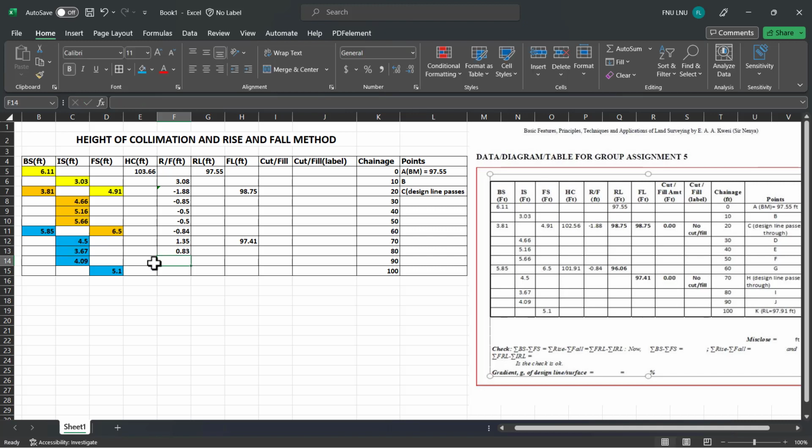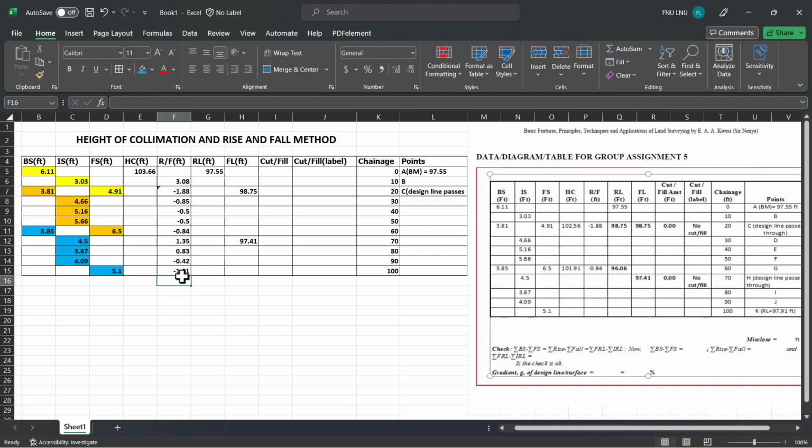Then this one will be equal to the previous minus the succeeding one. Then the last one is this one minus this. Now we are done with our rise and fall. That's how you compute the rise and fall.